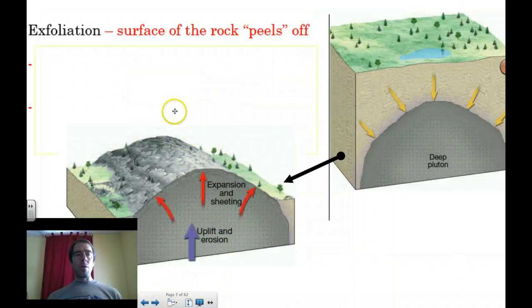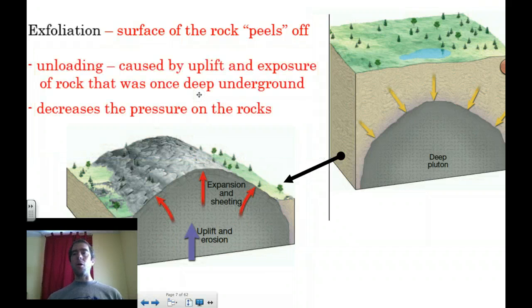And then we have something called exfoliation, and you've probably heard this in common terms in commercials for cosmetic things that will exfoliate your skin. It scrapes off the dead skin cells and makes you look younger.